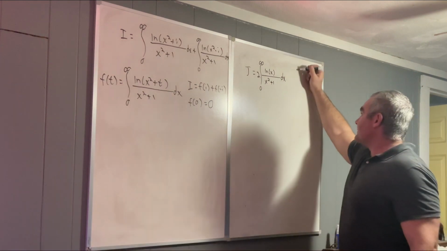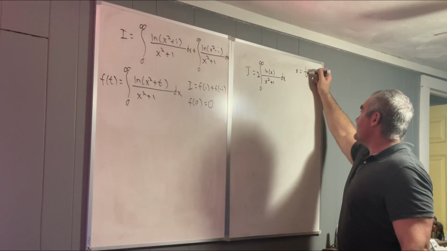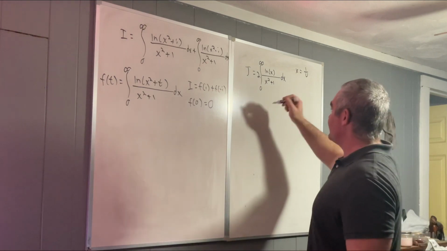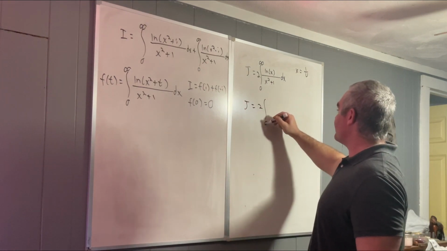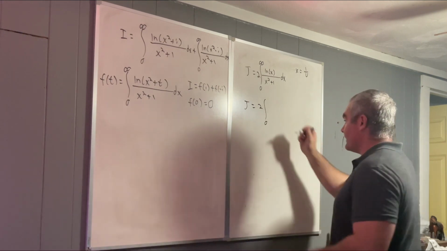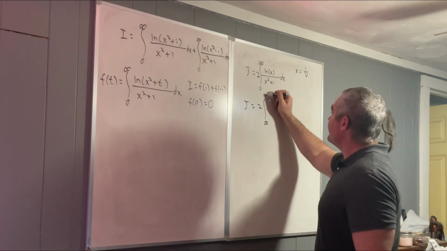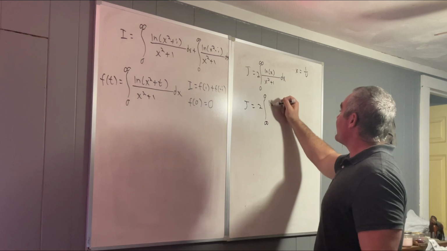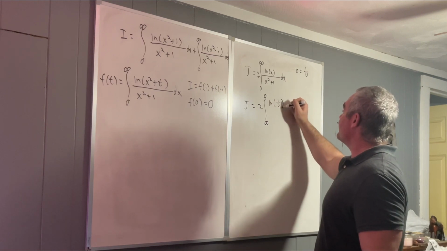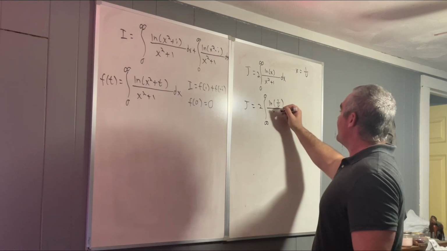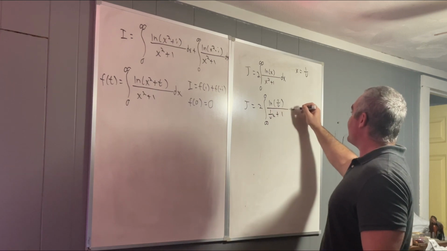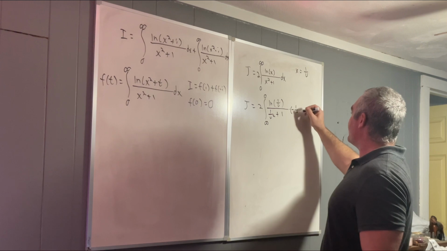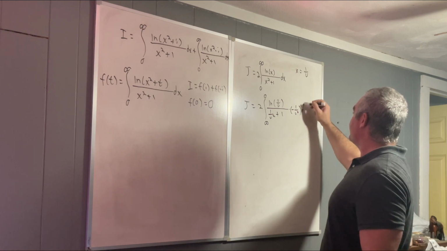Then by making the substitution x is equal to 1 over u, we get that J is also equal to 2 times the integral from, well, let's see, that would be infinity to 0 of the natural log of 1 over u over 1 over u squared plus 1 times negative 1 over u squared du.